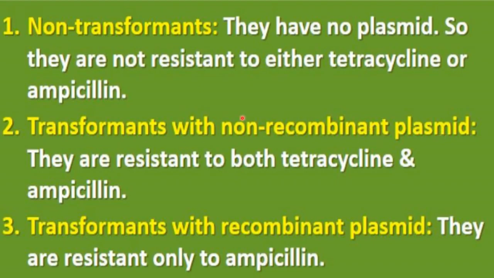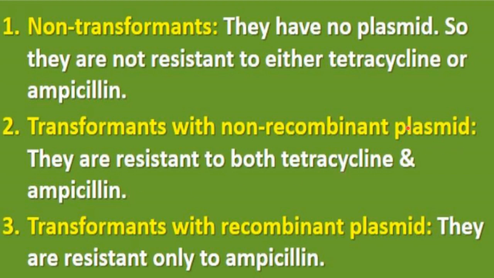Non-recombinant plasmid means the plasmid in which an alien piece of DNA is not ligated. The cells having that kind of plasmid will have resistance to both antibiotics, because in the plasmid we have the resistance genes for tetracycline as well as for ampicillin, right?